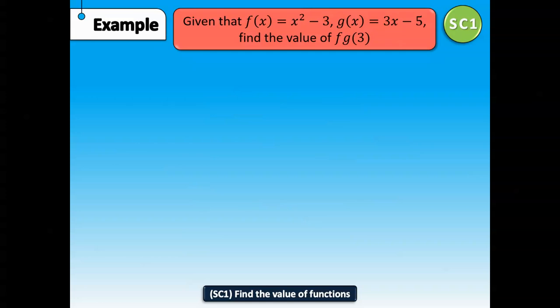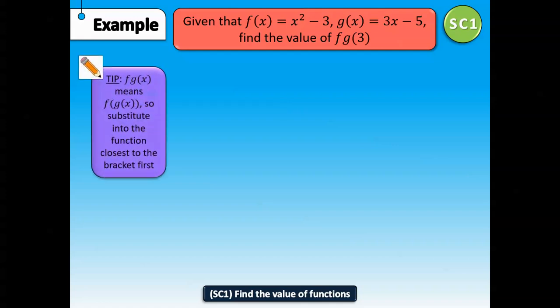Here's another example. So given that f of x equals x squared minus 3 and g of x is 3x minus 5, find the value of f of g of 3. So this means we substitute 3 into g first, then into f.